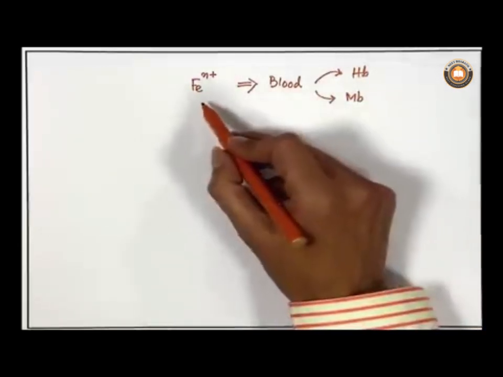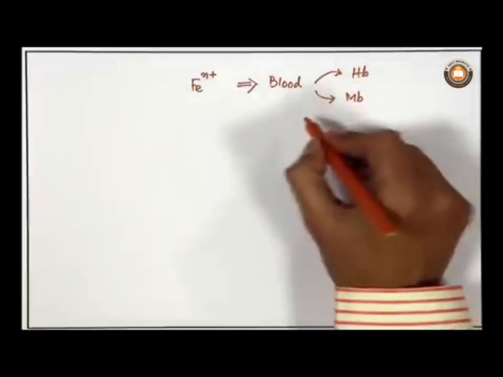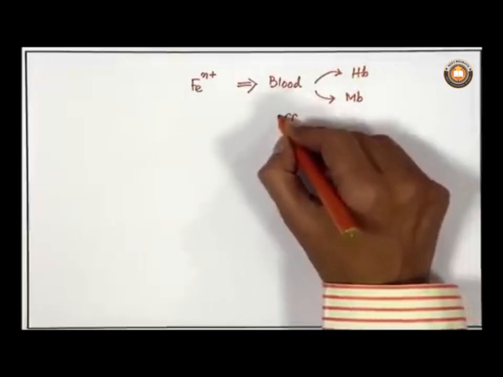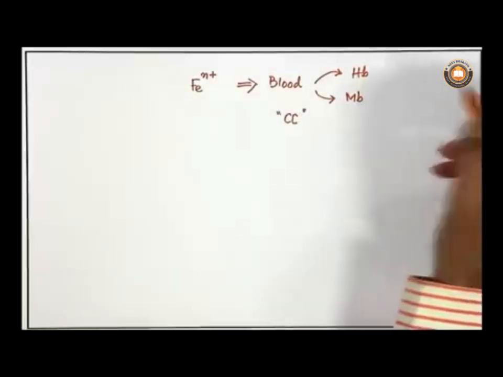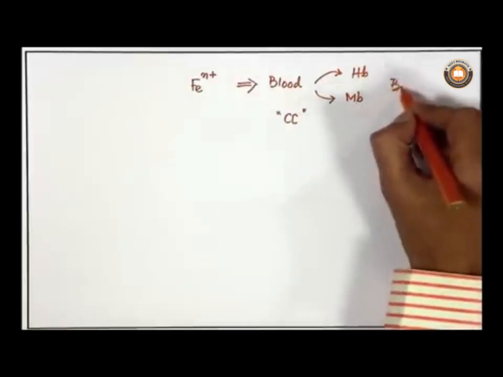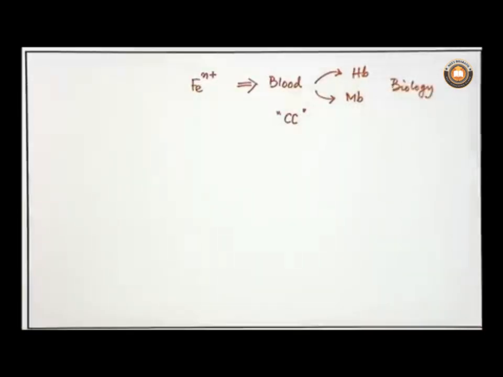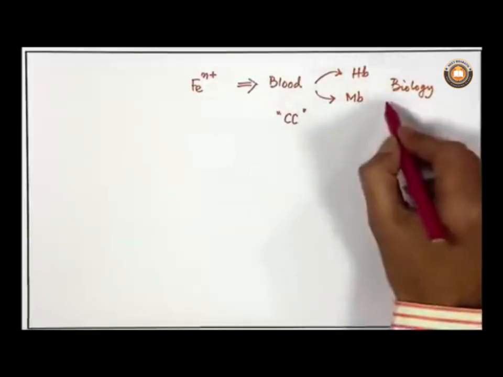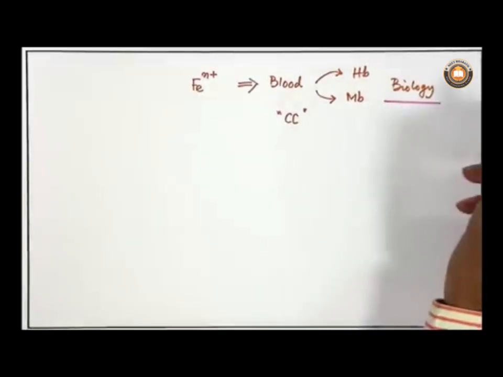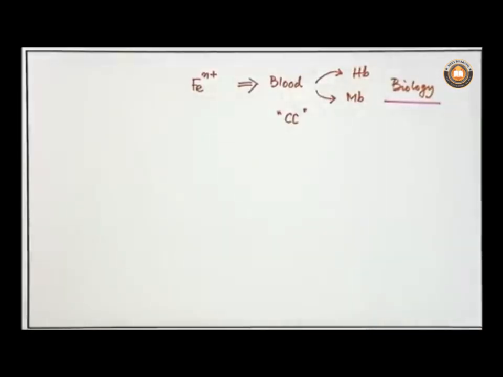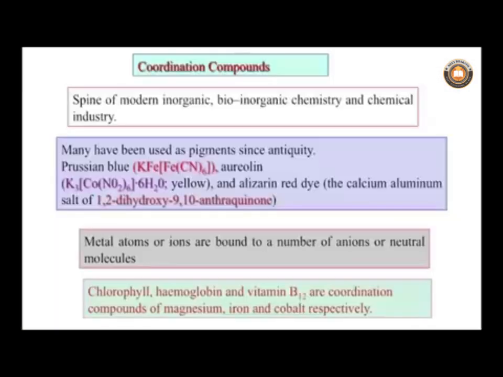So, the presence of iron in the form of coordination compounds is also there in biology. We will see how useful they are in studying the presence of iron as a coordination compound in some biological species.